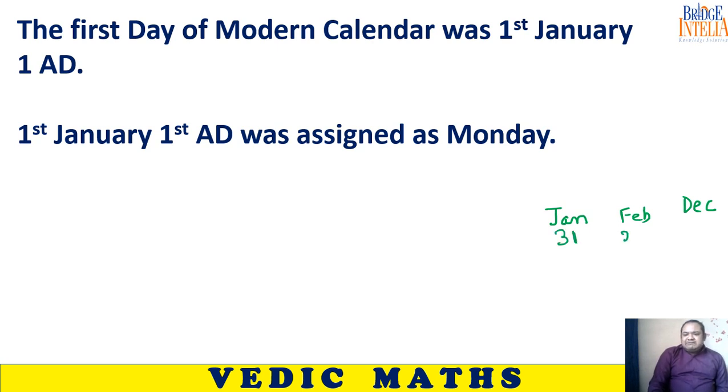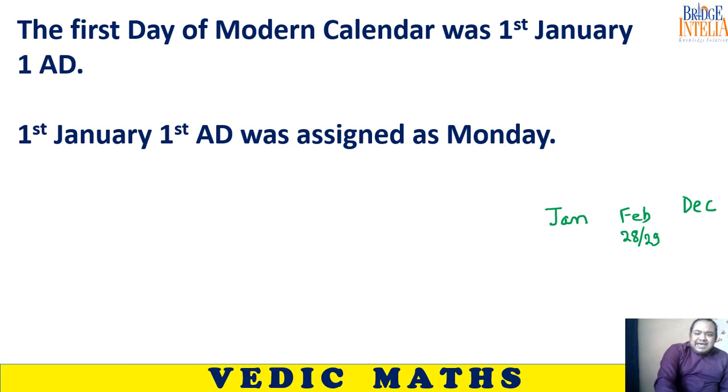February will have either 28 days or 29 days. 28 days if it is a non-leap year, 29 days if it is a leap year. Similarly, number of days for each month is fixed. Only you have to be bothered about month of February, whether it is a leap year or not a leap year. So this is the modern calendar that we use in our everyday life.